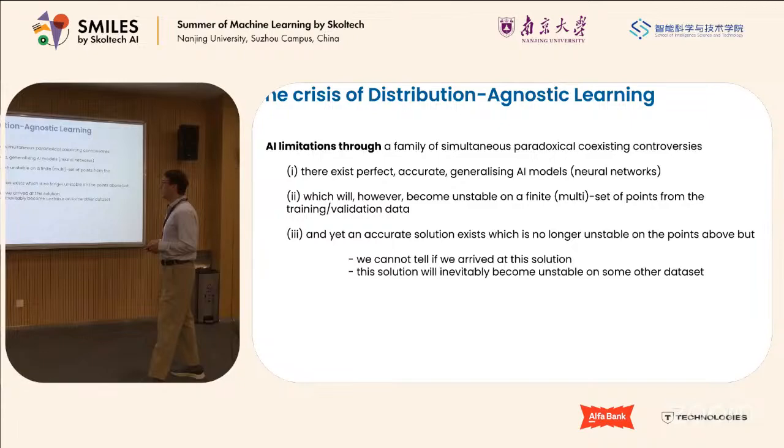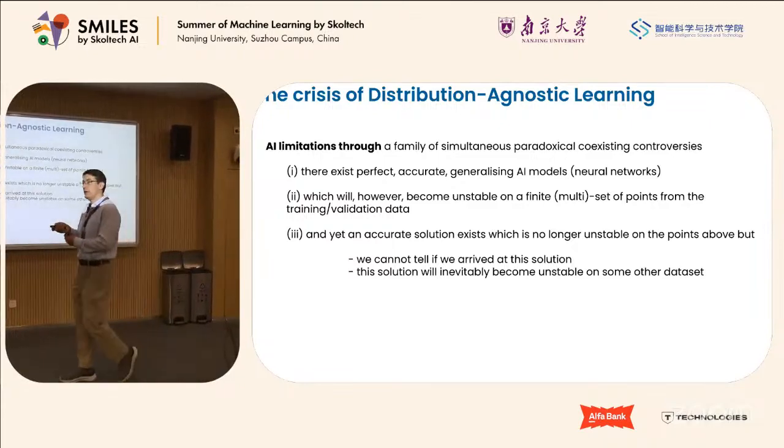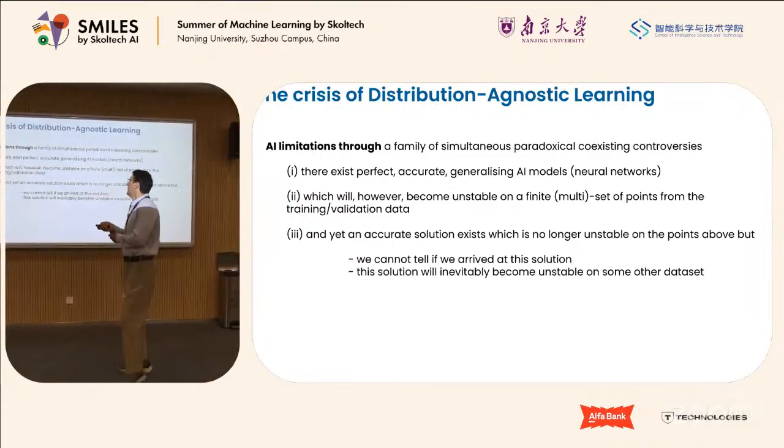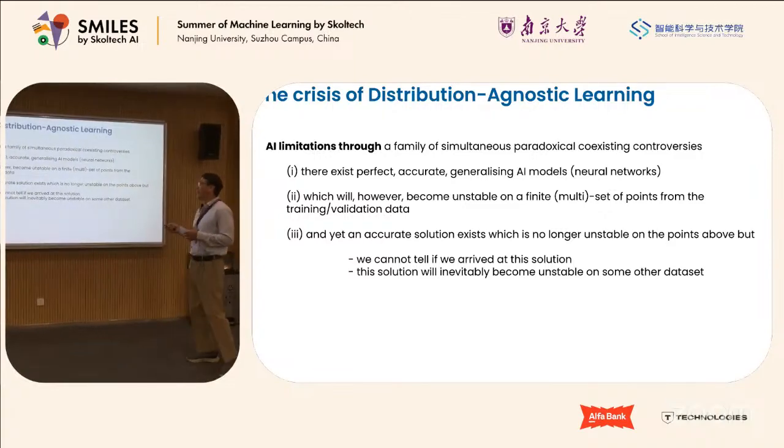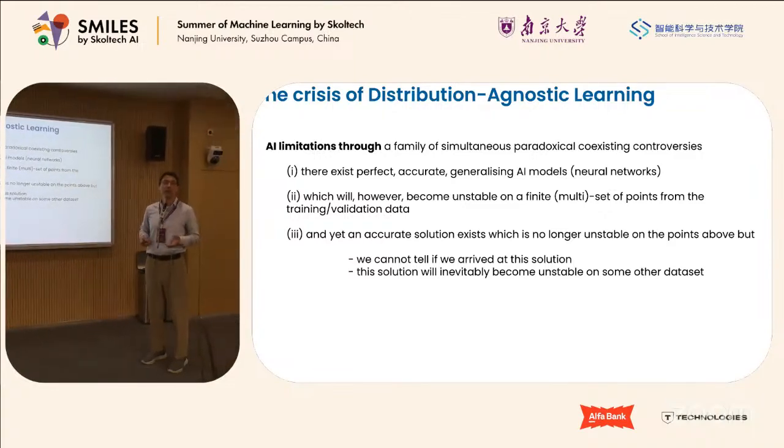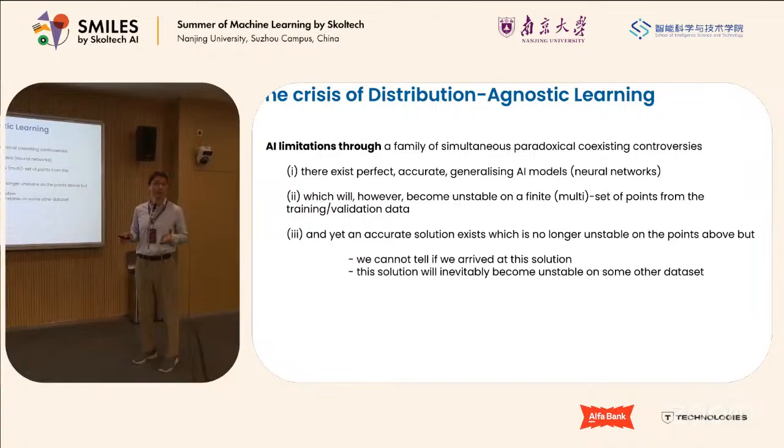Now, what I'm going to tell you next is that unfortunately, there is a family of paradoxical statements. All of them are true at the same time. First, there exists a perfect and accurate generalizing AI model.